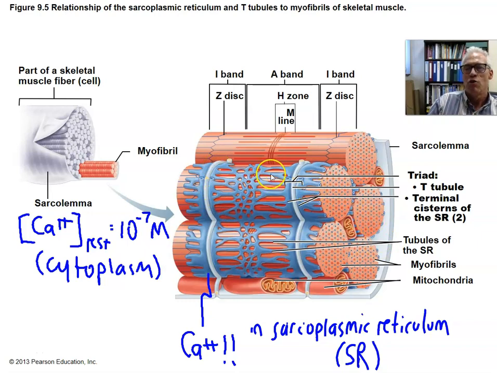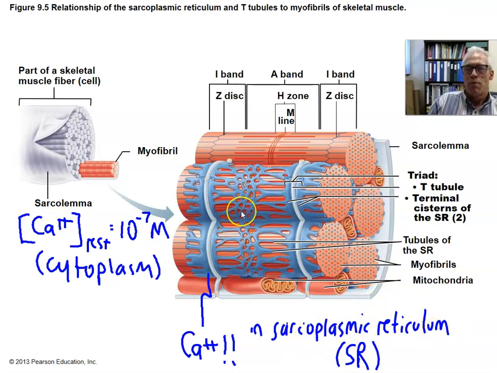All cells have endoplasmic reticulum. It's just that in a muscle cell, it goes by the name sarcoplasmic reticulum because, again, muscle cells have been studied for so long by so many that everything has its own special name, and so we call it the sarcoplasmic reticulum, the SR.